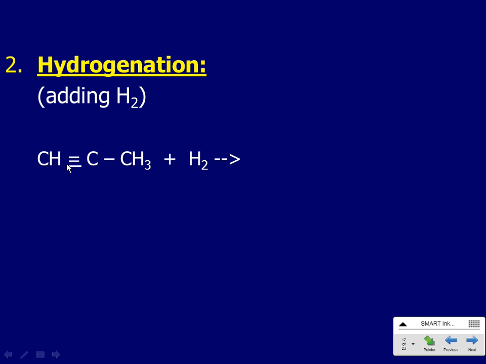Again, this triple bond in here is linear. That means my H2s can come right up the side of the triple bond. They can flank it, and we can break those bonds. Because this is a triple bond, we're going to add 2 H2s. It's going to happen twice, with the pi bond on one side and the pi bond on the other side.